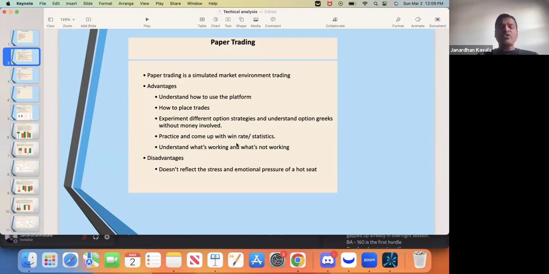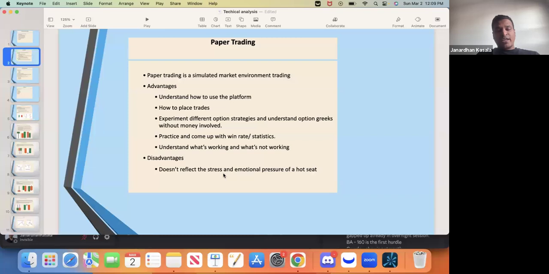And then you understand, okay, what's working for me now, I'm ready to play with my real money. Like okay, you played in your house, you understand the rules, who is gambling, who is actually playing, who has cards. You understand the game, understand the people. Now you're ready to go to the casino, play with your real money. Once you have that confidence level, you can go play with your real money.